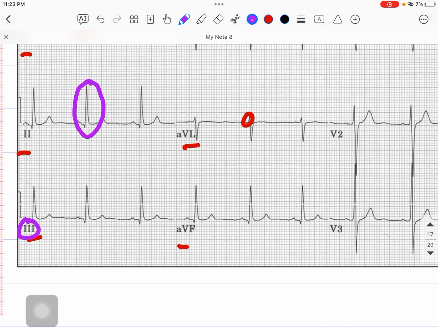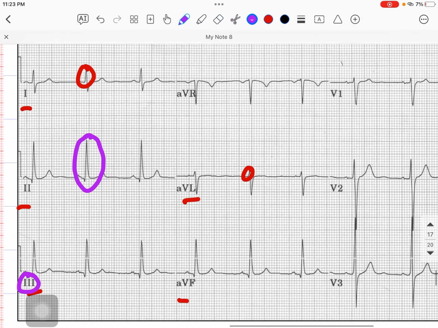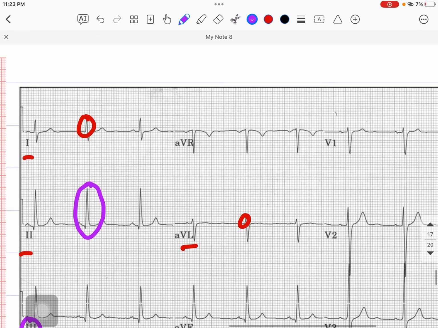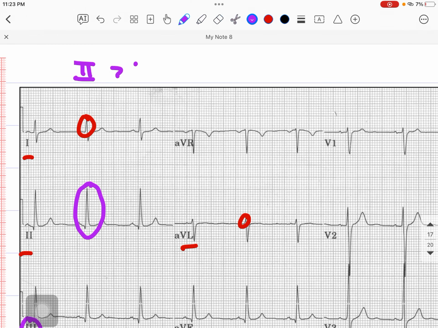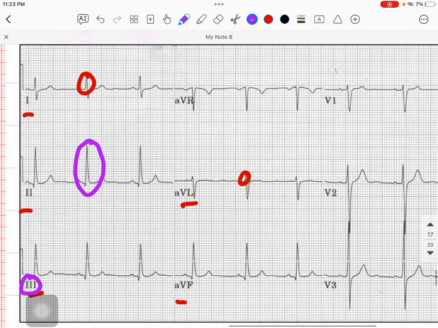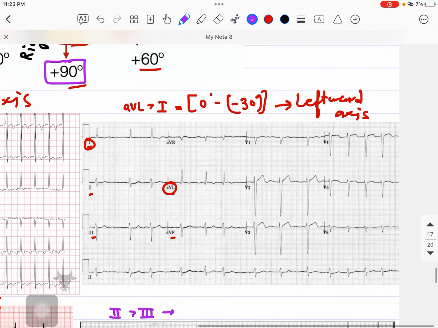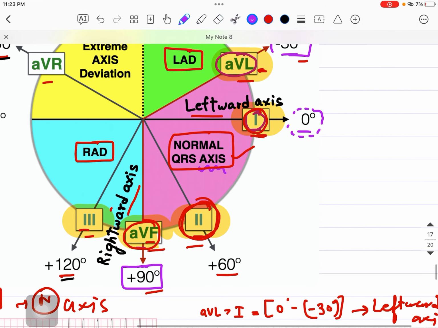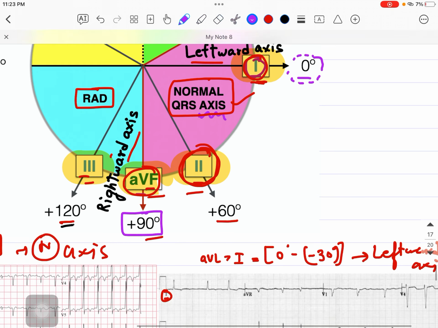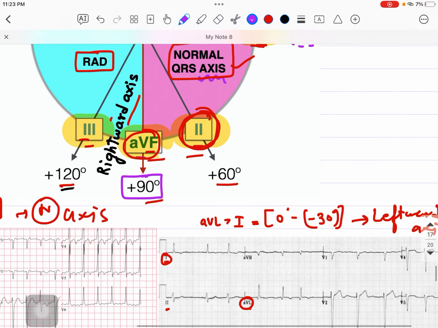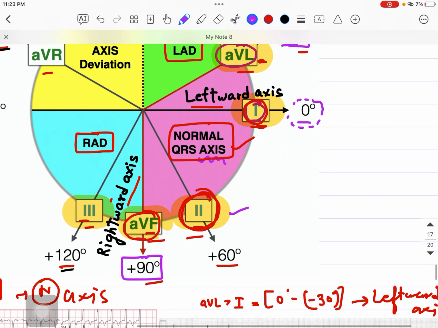So somewhere between second and third, or between second and AVF, would be the axis. I won't fight with that, but I am taking second and third. Second one is this one, third one is this one, or you might say second and AVF also.